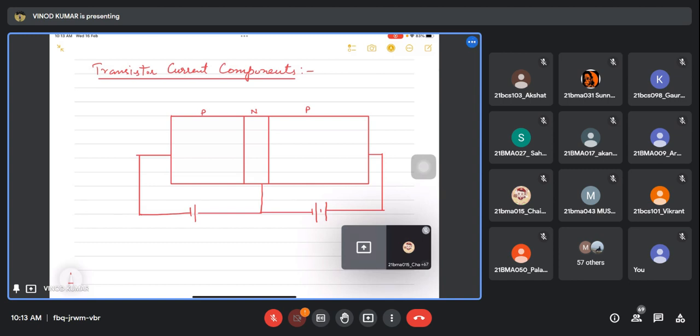All right, so this we know is current IE, and this is current IC, and this is current IB. Sorry, it should be opposite.